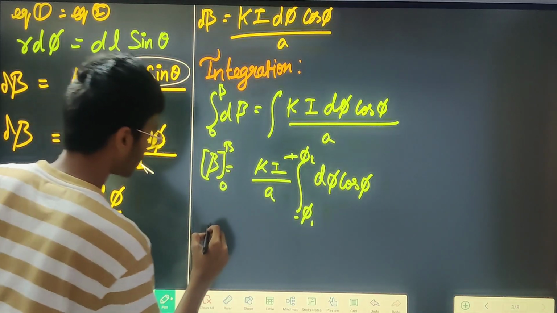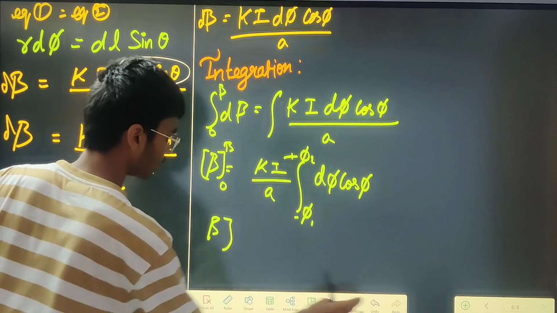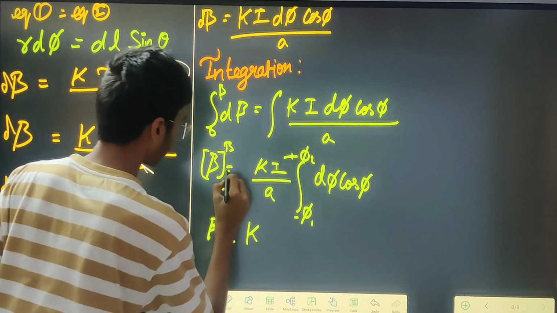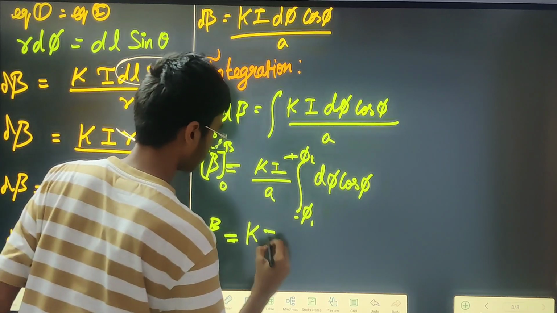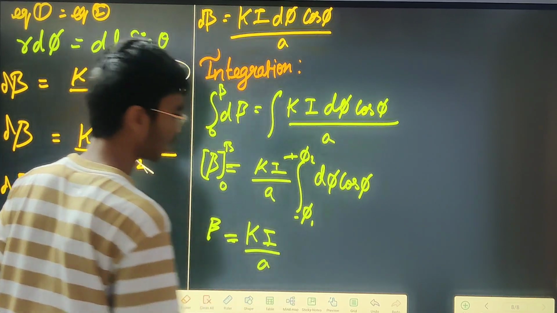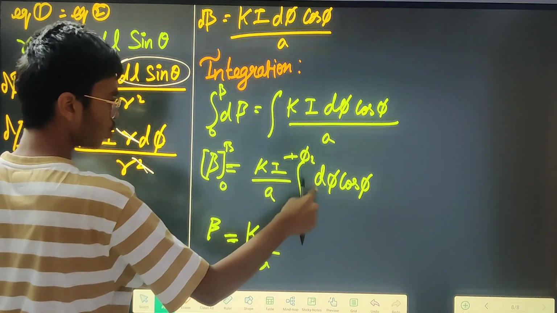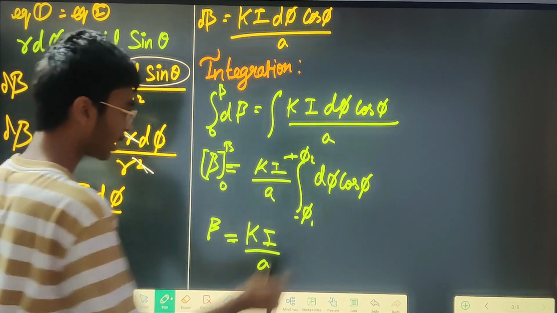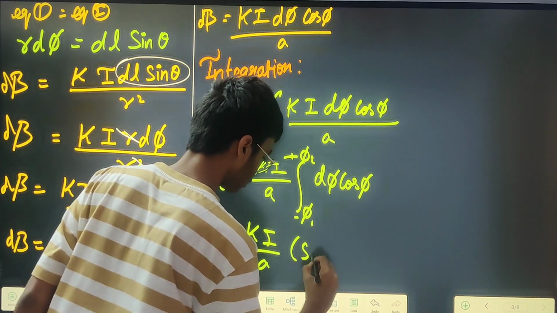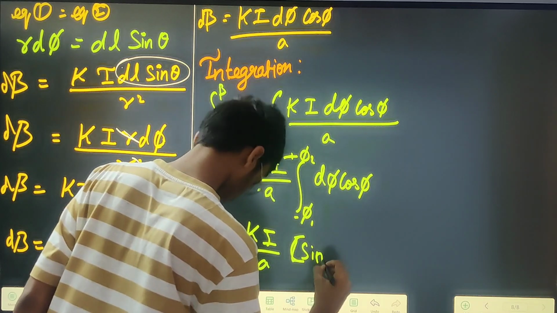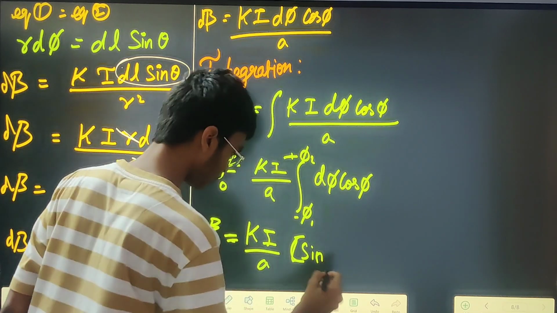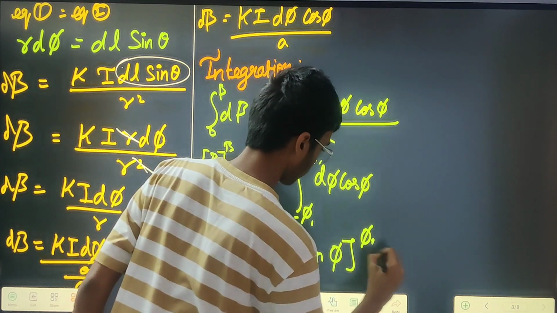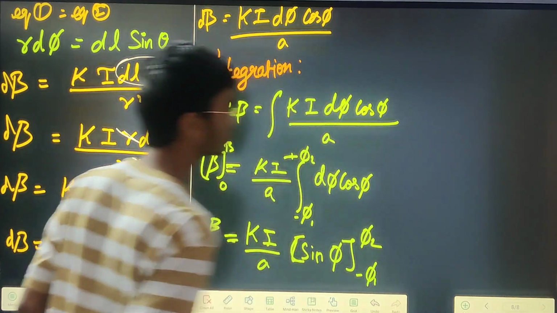I have taken this, just B, the magnetic field, is equal to Ki by A. So how will this term be integrated? This term can be integrated as sine phi, from minus phi 1 to phi 2.